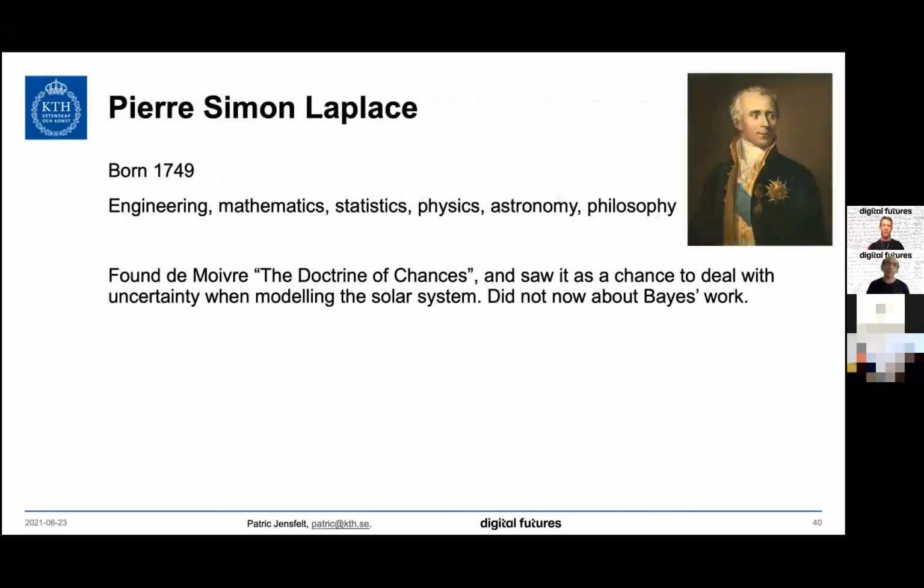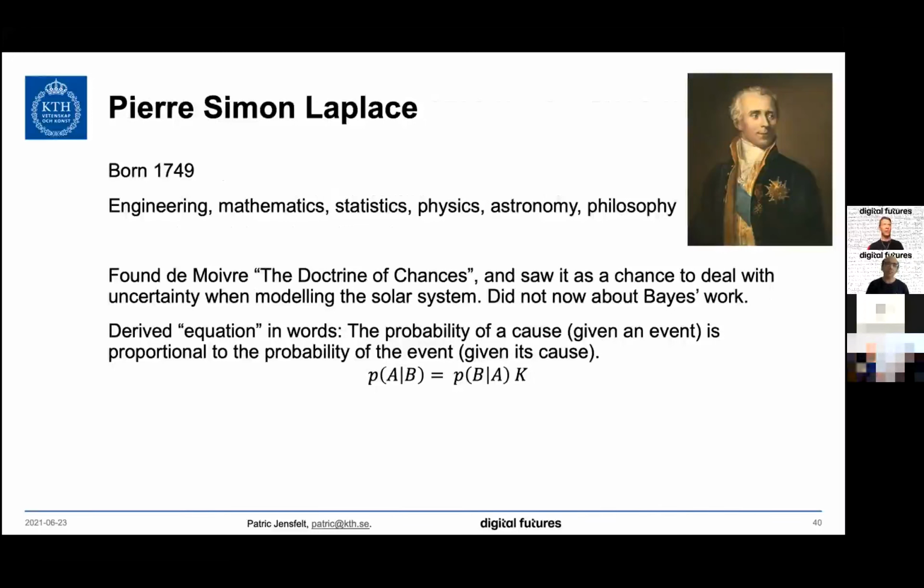He derived an equation expressed in words, saying that the probability of a cause given some event is proportional to the probability of the event given its cause. This is essentially Bayes' rule, but with the priors not there, just lumped together in some proportionality factor K.